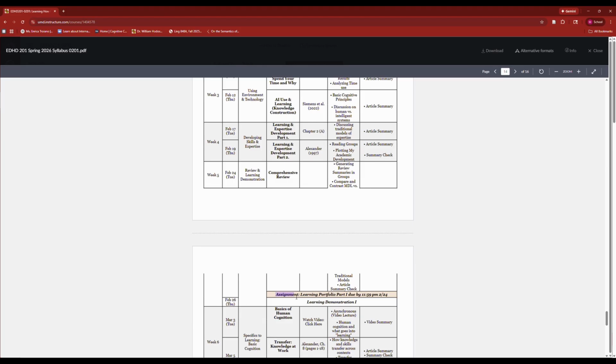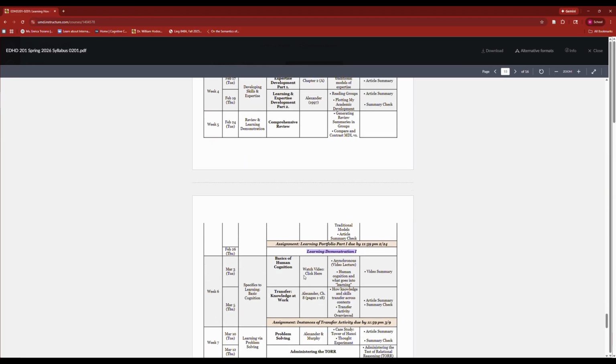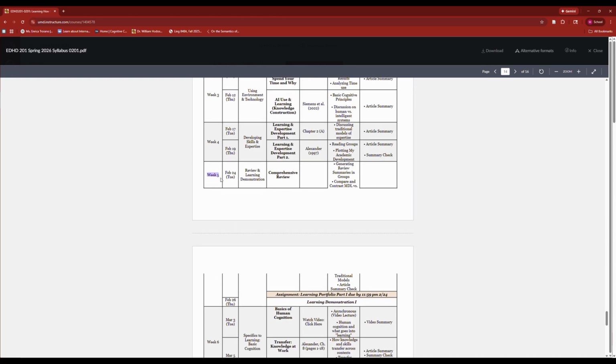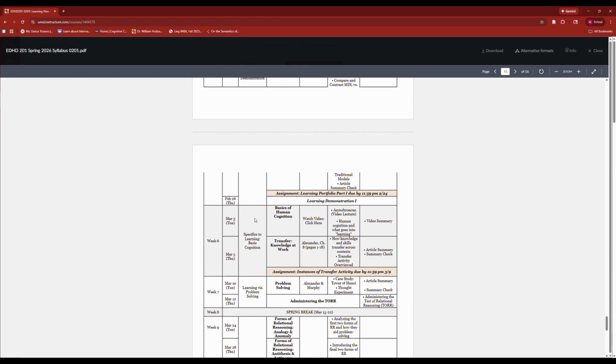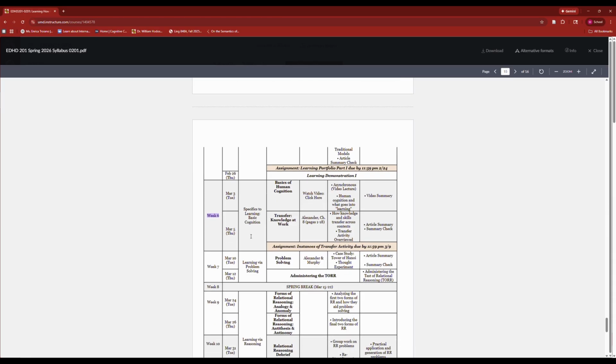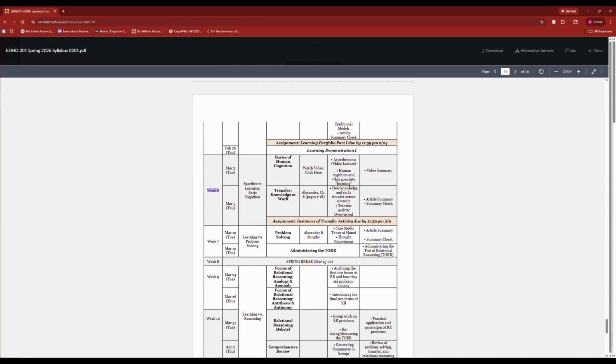And after that, we will have completed our first major set of grading assignments, the learning demonstration, the learning portfolio, and everything through week 1 through week 5. And we will basically be repeating the same sort of process of introducing new information around a 5-week period.